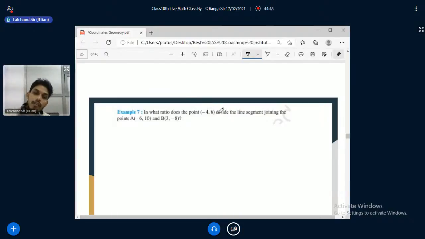Now a point is given to us, and we have to find the ratio in which A and B is divided by this given point.